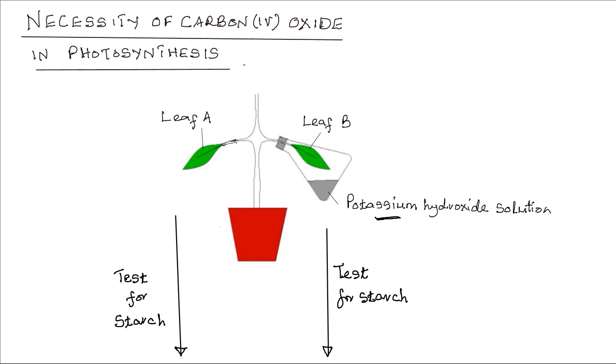Leaf A will show a positive test. It will give a blue-black color. Remember to test for starch: the chlorophyll must be removed by boiling the leaf in ethanol, then pouring iodine solution on the leaf in a petri dish or on a white tile.